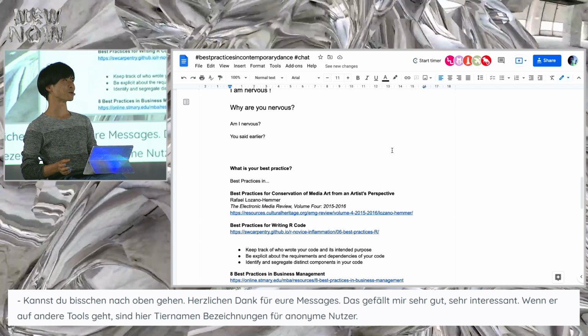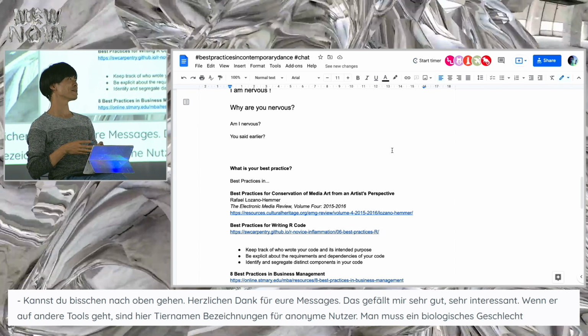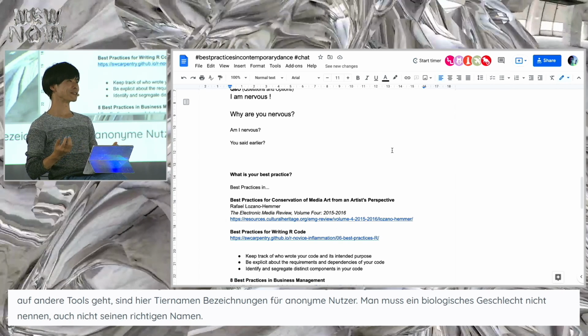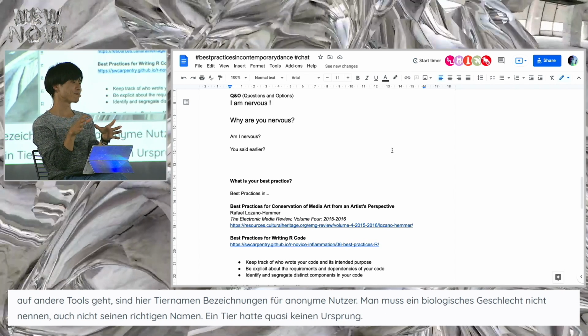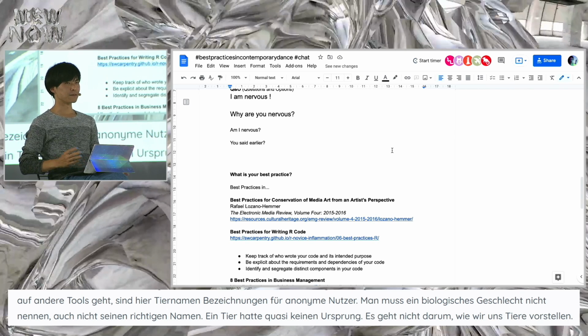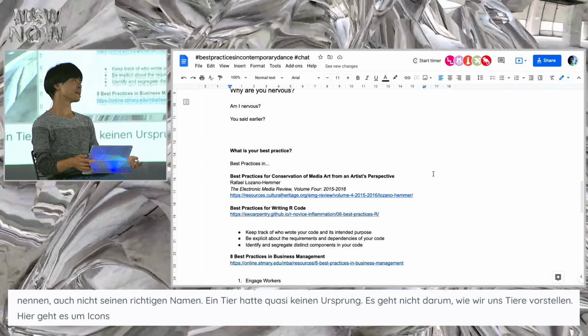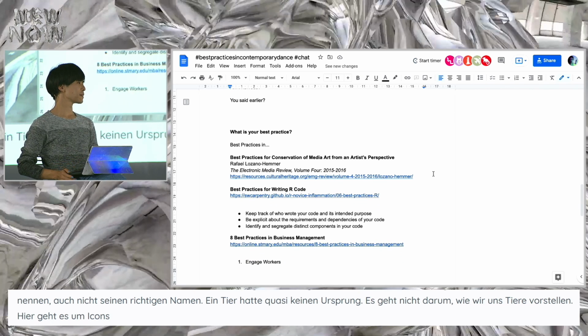Well, actually that's not true, because the animal has an origin. But because of how we picture animals, we don't really see the real animal, but icons here. If I appear as a kangaroo, it doesn't mean that I'm from Australia.